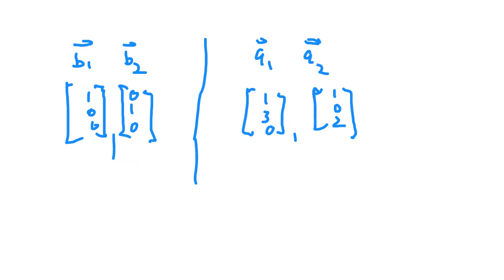The span of A1 and A2 will be a plane, but it's not going to look like this plane here. The span of the B1, B2 vectors is going to be the horizontal plane, the X1, X2 plane. The span of the A1 and A2 vectors is not going to be that plane.